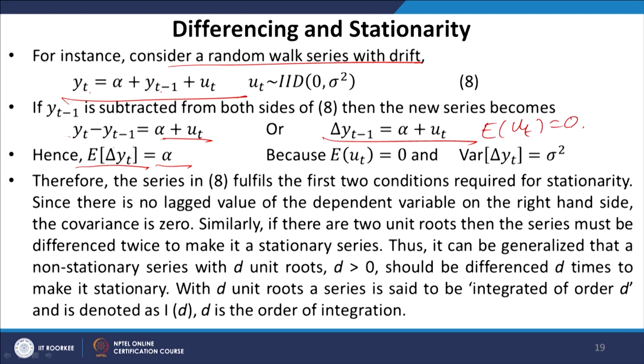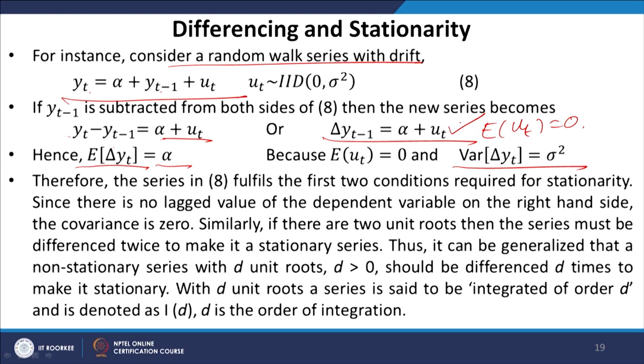And we can also find out that variance of delta yt will be simply the variance of ut, which is equal to sigma square. Therefore, the series in 8 fulfills the first two conditions required for stationarity. Since there is no lagged value of the dependent variable on the right hand side, the covariance is 0. Similarly, if there are two unit roots, then the series must be differenced twice to make it a stationary series.